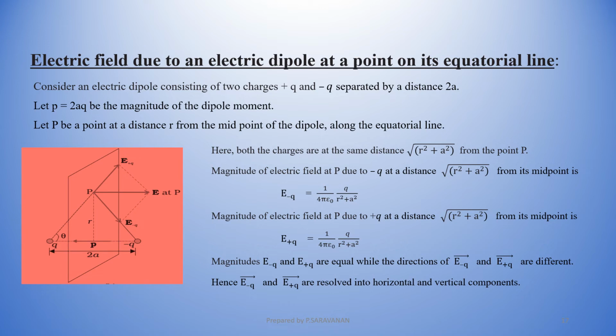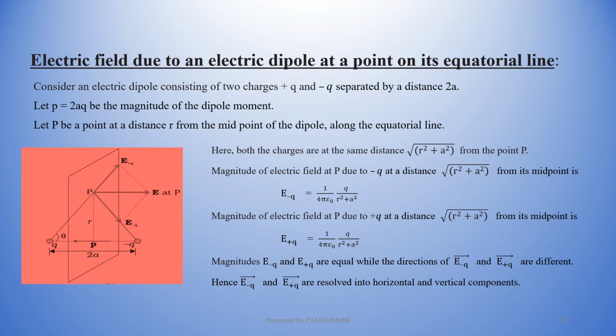Consider an electric dipole consisting of two charges plus q and minus q separated by a distance 2a. Let small p equal to 2a into q be the magnitude of the dipole moment.